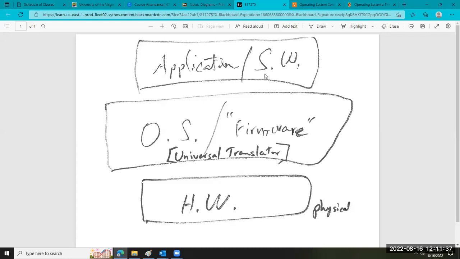The very reason that you do not have to recompile and tweak the code every time new hardware comes out is a testament to the purpose and reason for existence of this middle layer called firmware or the operating system. Again, it's often referred to as the universal translator.